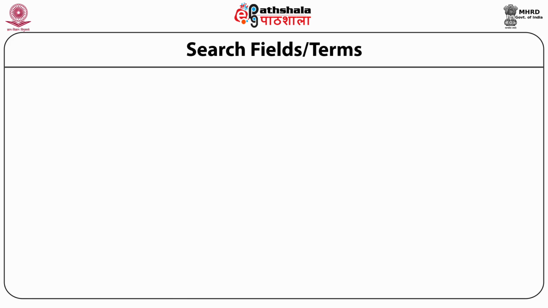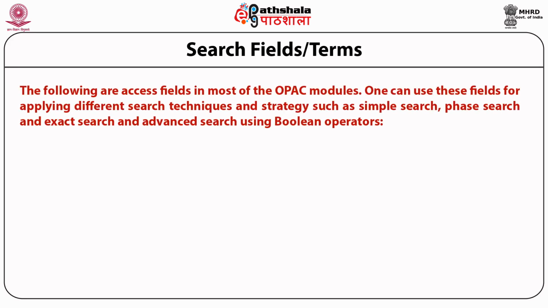Search fields or terms. The following are the access fields in most of the OPAC modules. One can use these fields for applying different search techniques and strategy such as simple search, phrase search, and exact search, and also advanced search using Boolean operators.